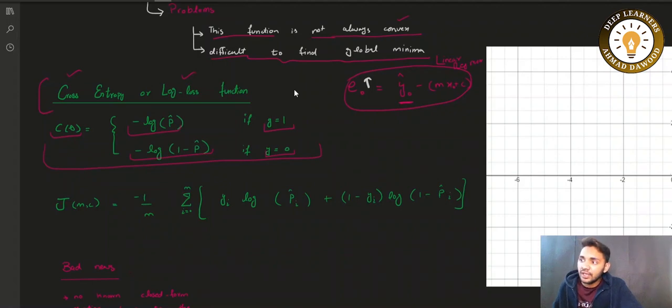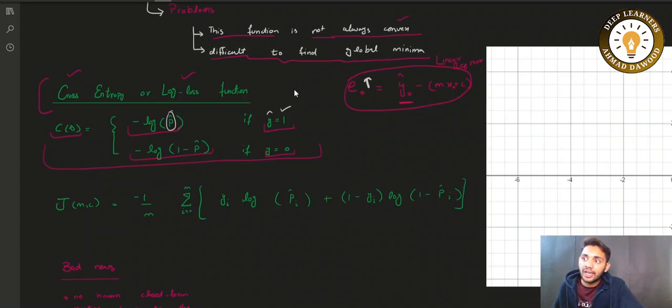In the same way, here your actual value is 1, but your predicted probability is closer to 0, or away from 1.